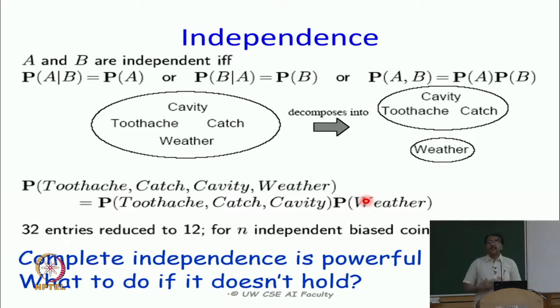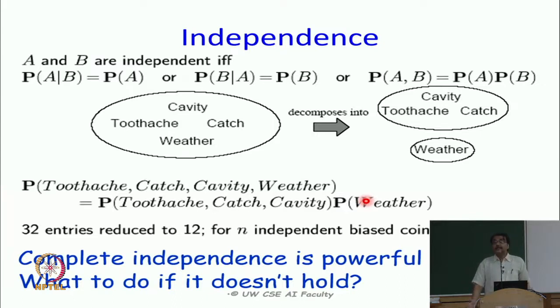Now, let us suppose I tell you that weather is independent of all these three other things. Now, what does that mean? What does that mean that weather is independent of all the other things? It means that suppose I use the product rule and say toothache, catch, cavity, weather is equal to weather times toothache, catch, cavity given weather.